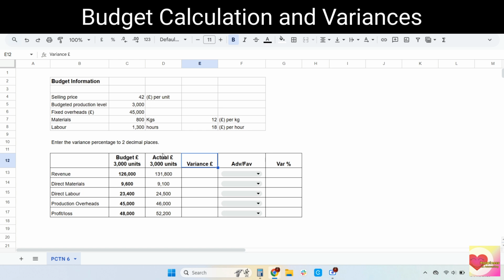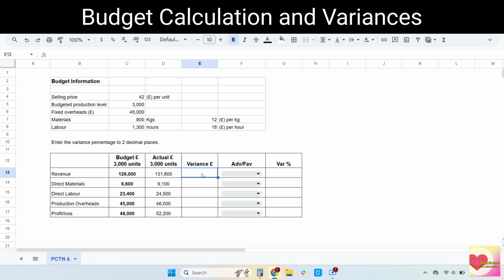It has to be actual minus the budget. For the cost, which are these three, direct materials, direct labor, and production overheads, they are calculated the complete opposite way, which should be budget minus actual.